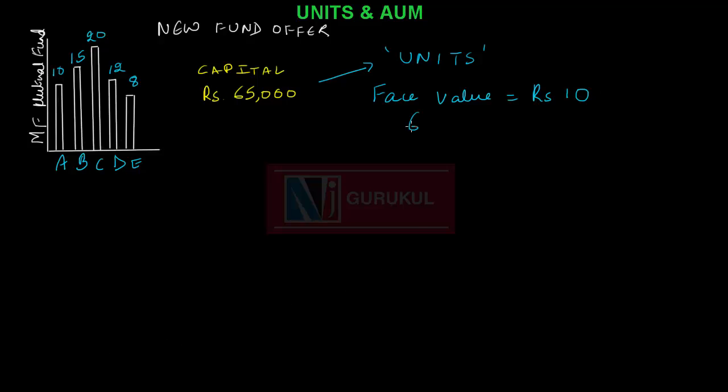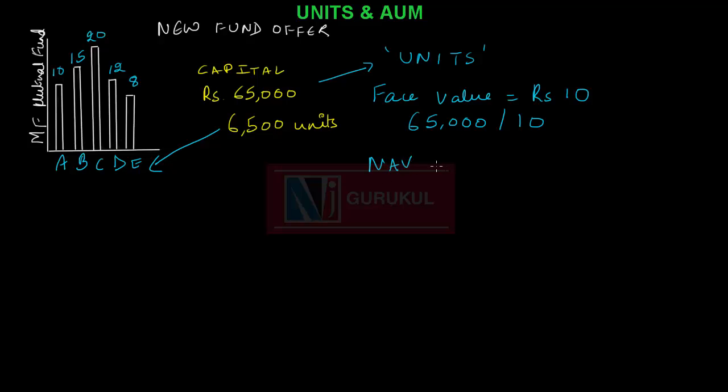So the capital will be broken down into 65,000 divided by the face value, which is rupees 10, 6,500 units. Now these units will be allocated to these investors on the basis of NAV.